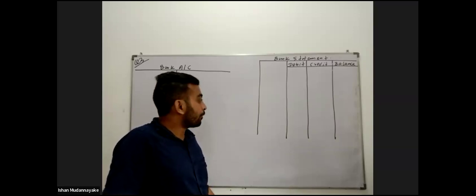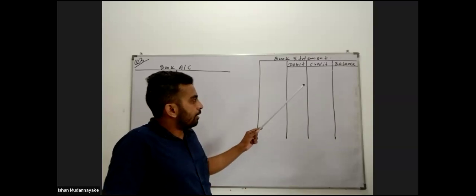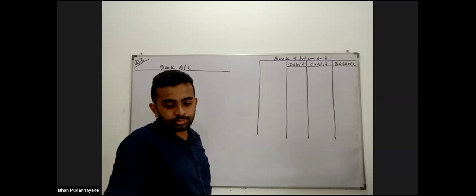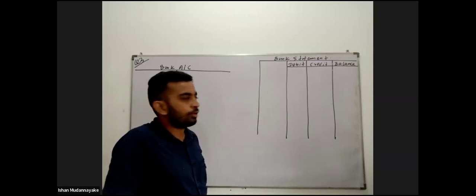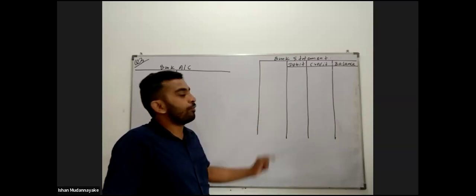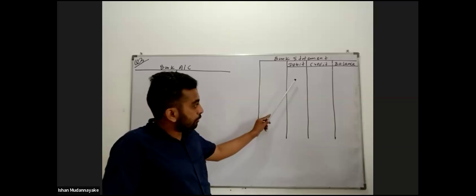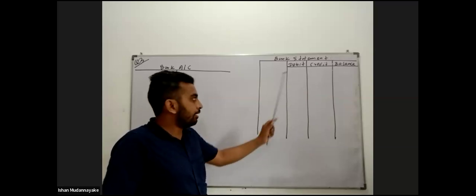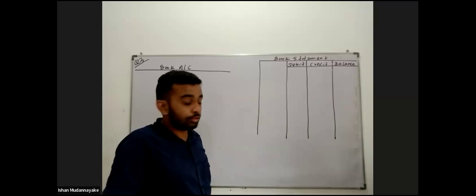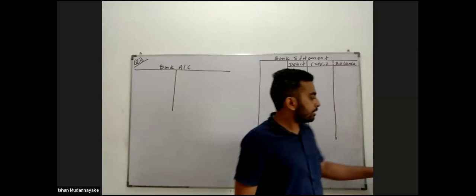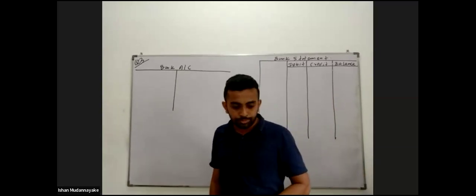Therefore, most banks now use payments for the debit and deposits for the credit, or sometimes deposits and withdrawals. Some businesses use withdrawals for the debit column and deposits for the credit column. Can I quickly draw this cash book and bank account for question number 3?